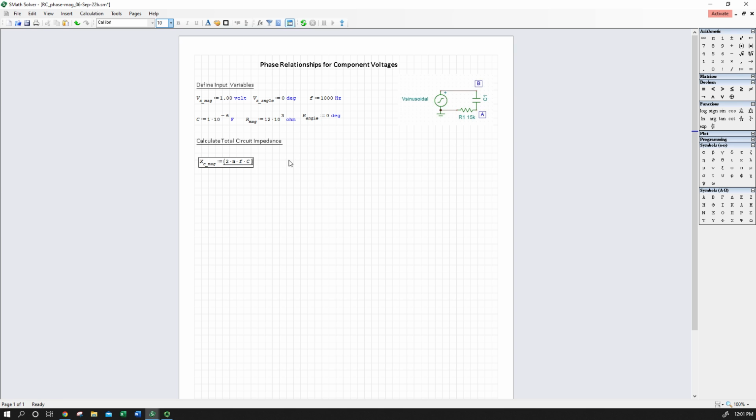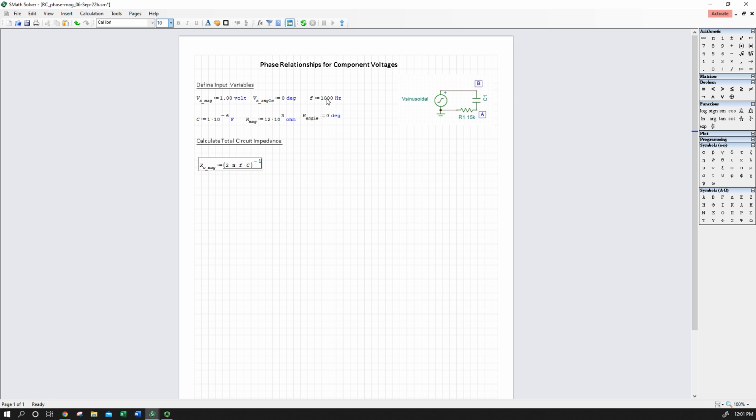And of course, I need to raise all of this to the -1. So we know that if I have correctly selected F and C, and SMath is drawing the values that I've defined up here, I should get something in ohms because reactance is in ohms.